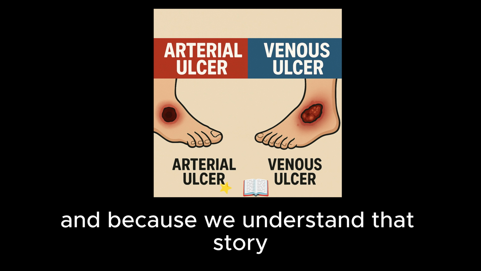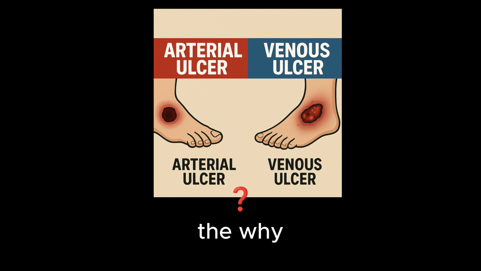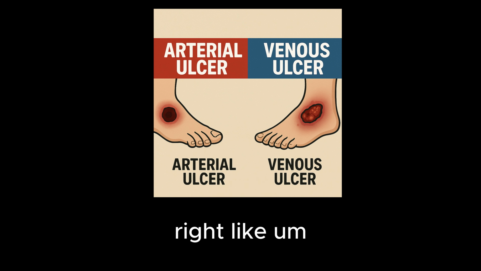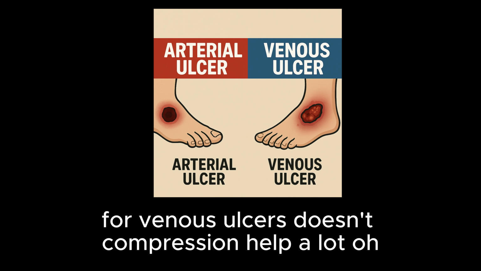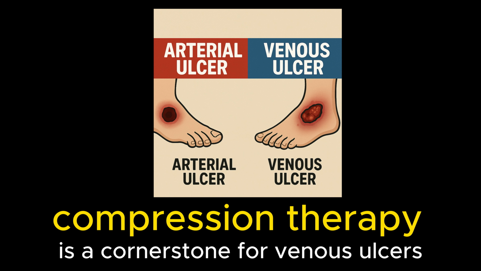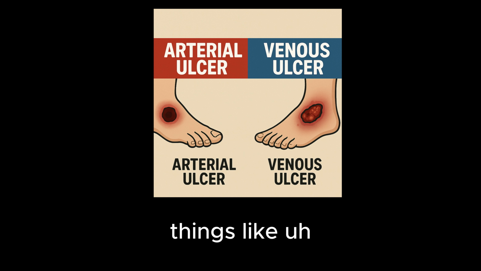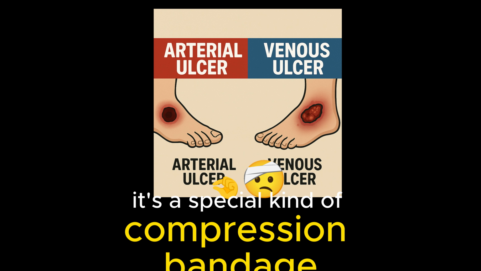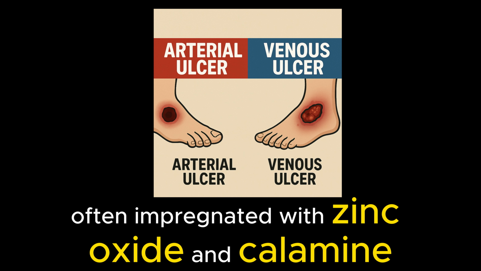And because we understand that story, the why, it points directly to how you might approach treatment, right? Like for venous ulcers, doesn't compression help a lot? Oh, absolutely. Compression therapy is a cornerstone for venous ulcers. Things like an Unna boot. What's that exactly? It's a special kind of compression bandage. It's gauze, often impregnated with zinc oxide and calamine, that hardens.